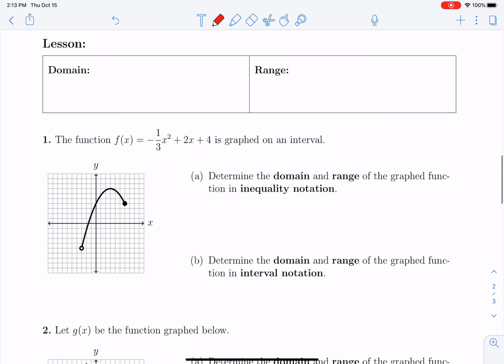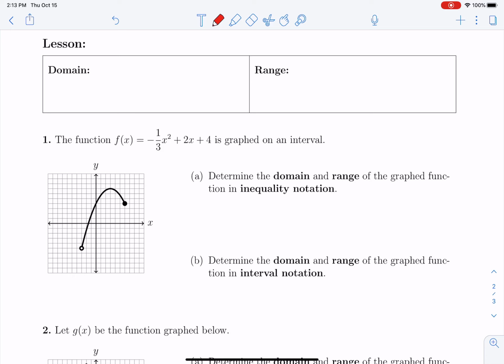Okay, so today we're looking at domain and range, right? I don't remember if I think Carrie defined it beforehand, so I'll go ahead and do that too.